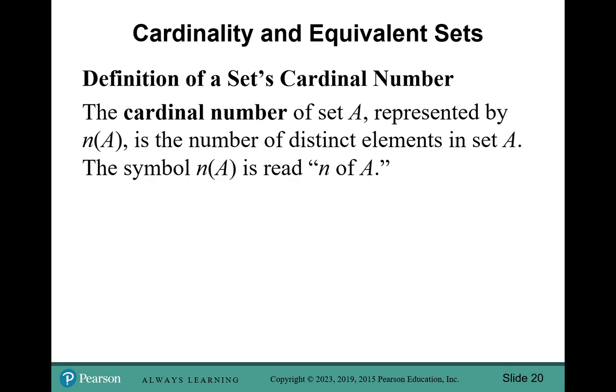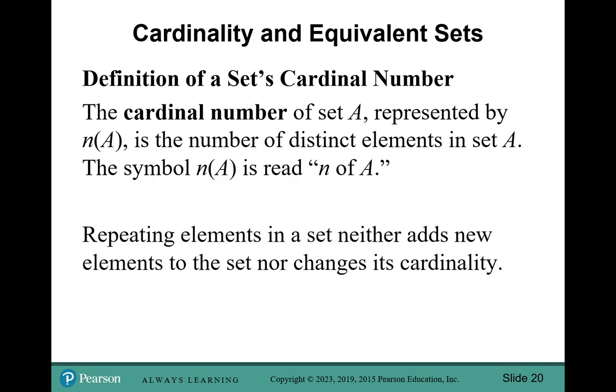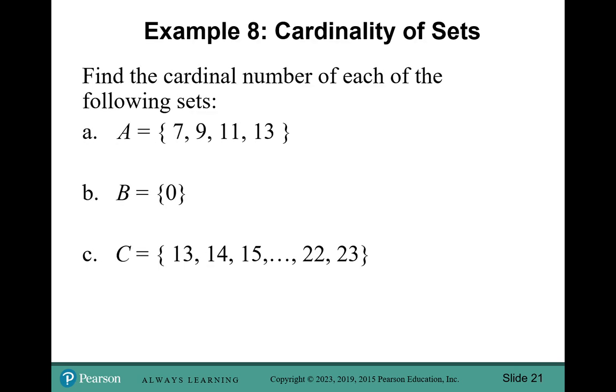The definition of a set's cardinal number: the cardinal number of set A, represented by n of A, is the number of distinct elements in set A. The symbol n of A is read n of A, which means the cardinal number of set A. Repeating elements in a set neither adds new elements to the set nor changes its cardinality. So let's look at the following sets.